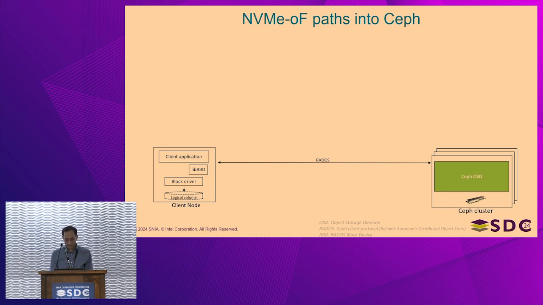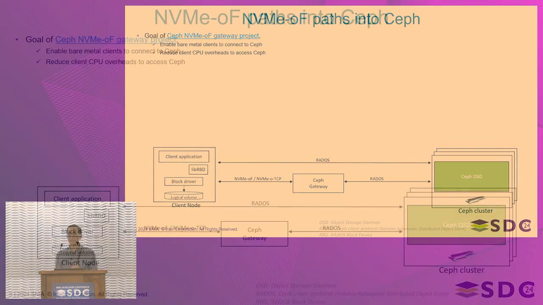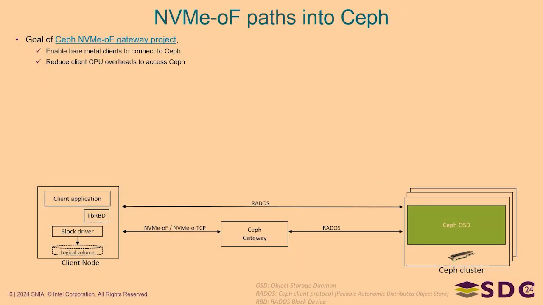Now, the Ceph community has already started doing work to enable NVMe over Fabrics paths into Ceph. It's called the Ceph Gateway Project. And their goal here was to enable bare metal clients to be able to connect to Ceph. The idea being that if you either don't want to or cannot install Ceph-side libraries in your client VM image, for instance, you should still be able to use Ceph, right?